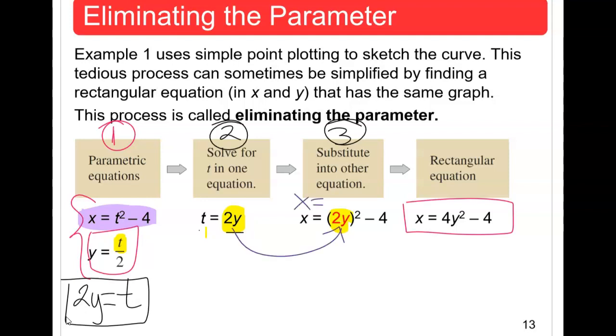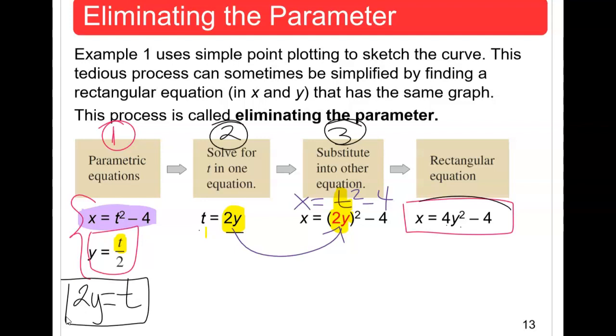Instead of having x equals t squared minus 4, we substitute that t for 2y. And after doing that, we have to use the exponent there. The exponent gets distributed to the 2 and to the y. So 2 squared is 4, and then y squared is just y squared.